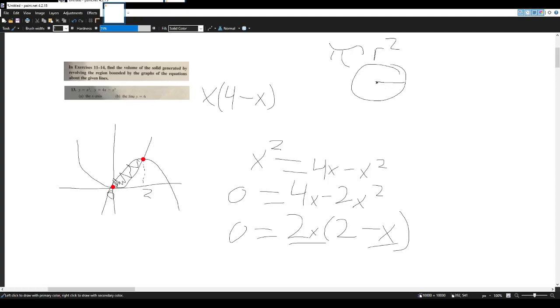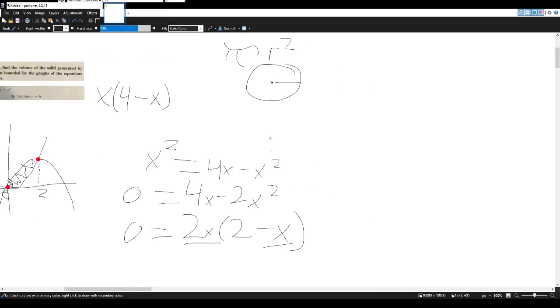We can do a similar thing here, actually. I'm not going to get into specifics, but basically we have a formula for this. We have pi times the integral from a to b of the radius squared.